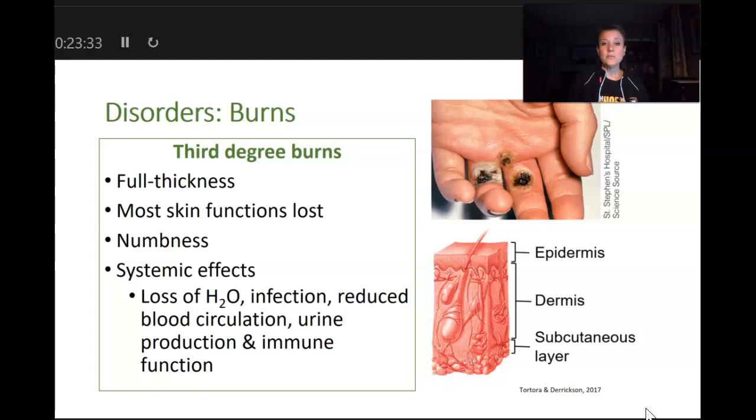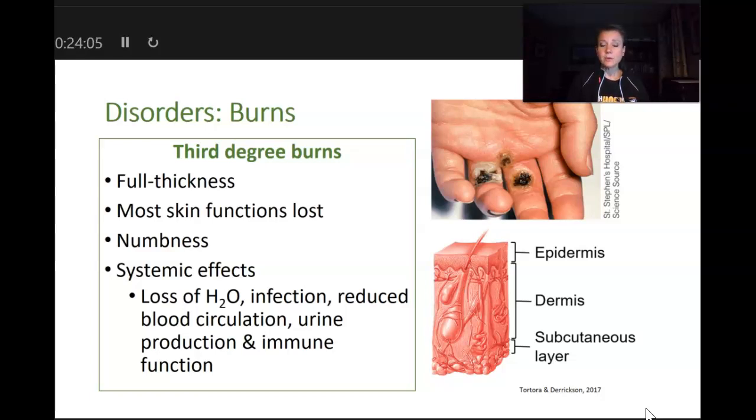And then you also have some systemic effects. So, if the size of the burn is great enough, you could have loss of fluids. You have now compromised the integrity of our body's covering, and so now infection is a risk. We have reduced blood circulation to the area because the blood vessels have been damaged.